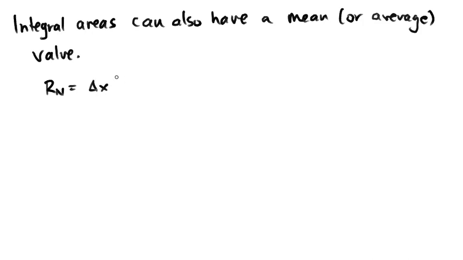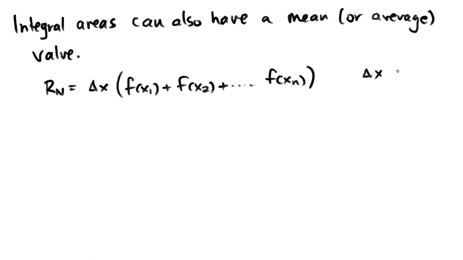So you've got the base of the rectangle times the function evaluated at the first point and the function evaluated at the next point, all the way up to the function evaluated at the last right endpoint. And we also saw that the change in x is always b minus a over n. So this formula becomes b minus a over n times all of this stuff.